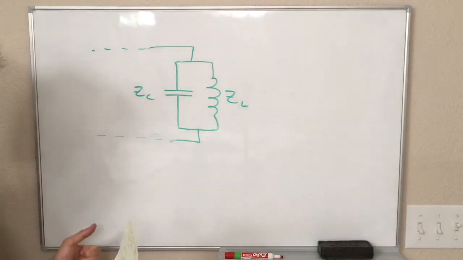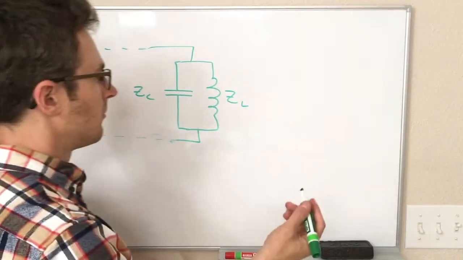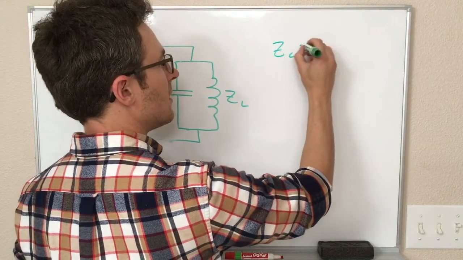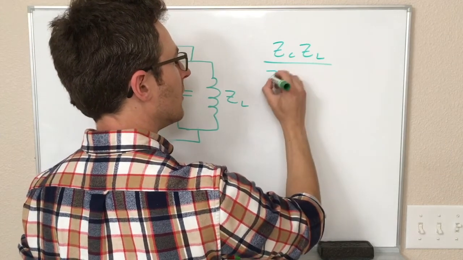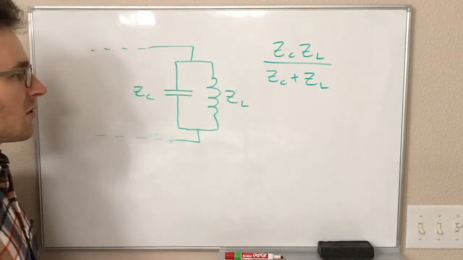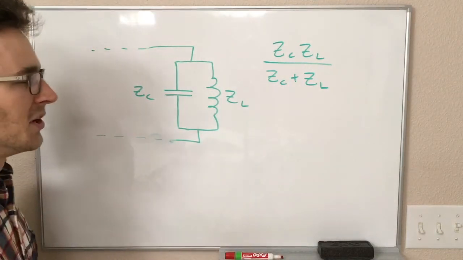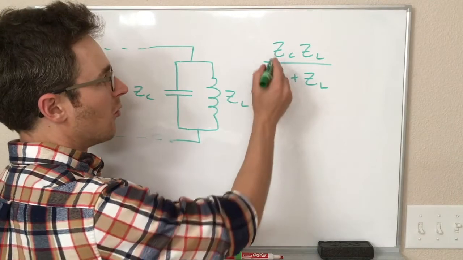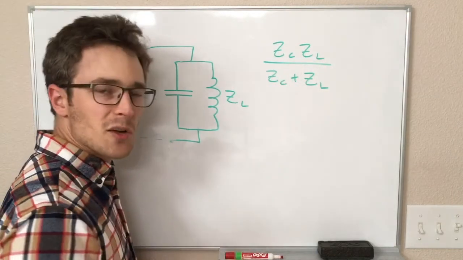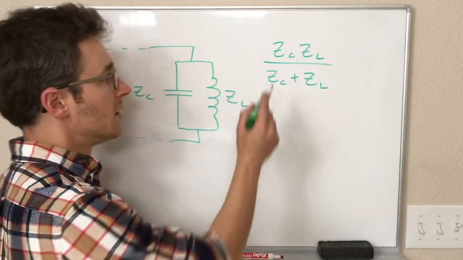So let's see what happens when we put these into our equation for these two in parallel, right? So that's ZC ZL over ZC plus ZL. And we actually don't have to go very far to figure out what's going to happen. Whatever's going on in the numerator here, those two are multiplying together. We're going to get some finite number, right?